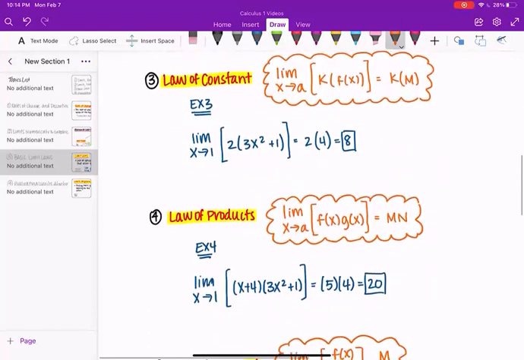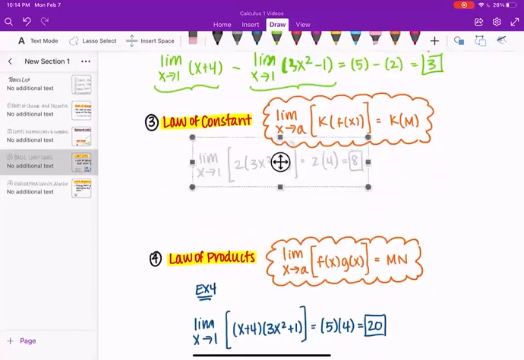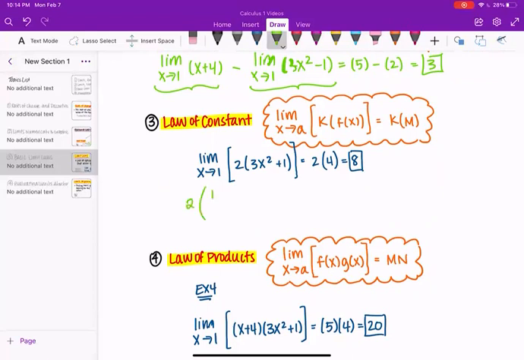Moving on to the next one: what happens if I multiply a constant through the function I'm taking the limit of? Here I multiplied the function we call g of x, that second function, by 2. And we'll see that if I do 2 times the limit as x approaches 1 of 3x squared plus 1, I should get the same thing.